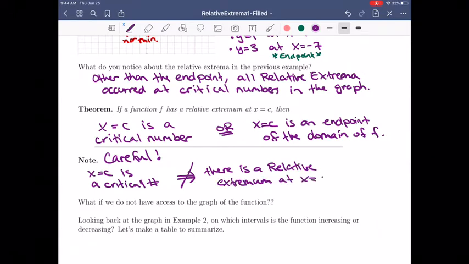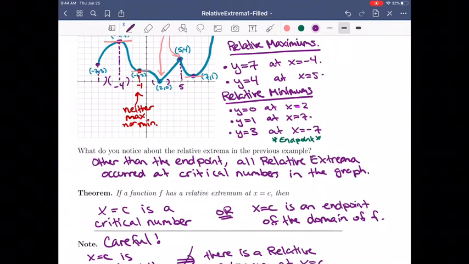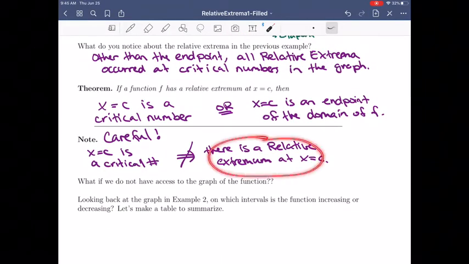For instance, at x equals -1 in this graph, it was a critical number, but it was not a relative extremum. So it goes the other way. If you have an extremum, it has to be at a critical number or an endpoint. If you have a critical number, it does not have to be an extremum.